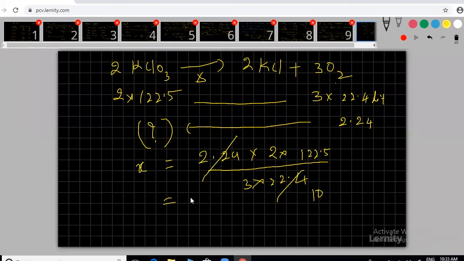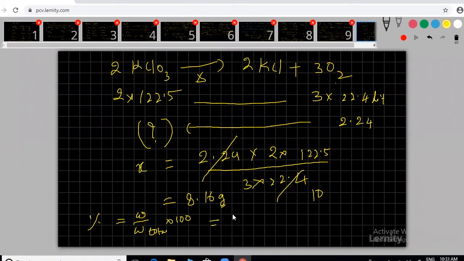Solving this, X equals 8.16 grams. Percentage purity equals weight by total weight, into 100.